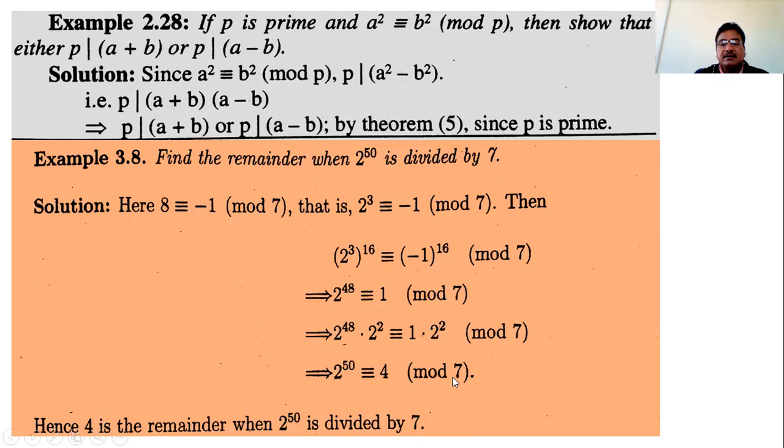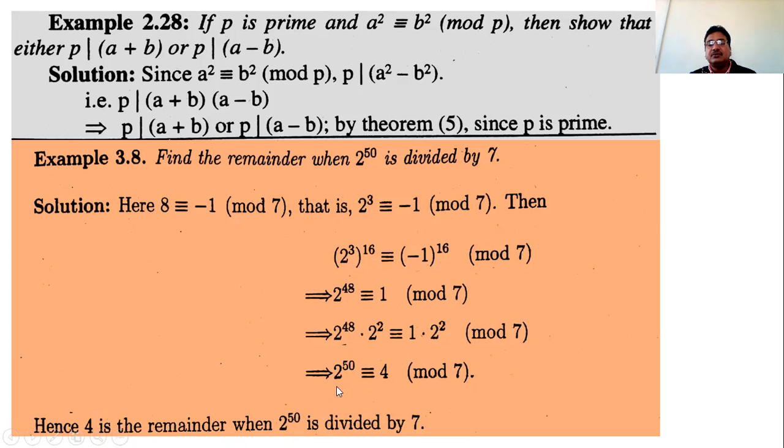And therefore 7 divides 2 raised to 50 minus 4. So if you divide 2 raised to 50 by 7, then 4 is the remainder, because 2 raised to 50 is congruent to 4 modulo 7 implies 7 divides 2 raised to 50 minus 4.